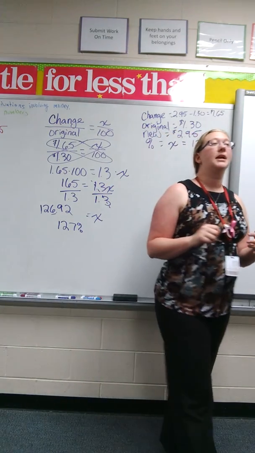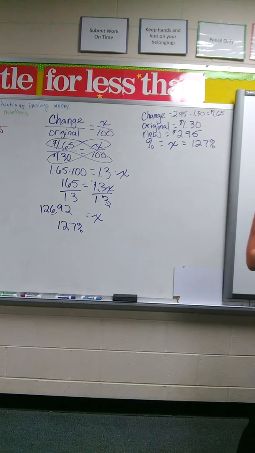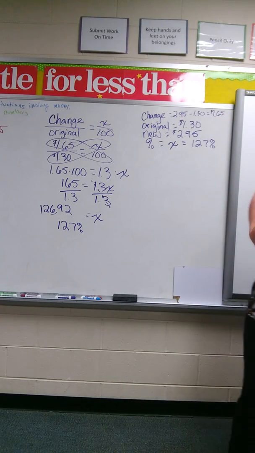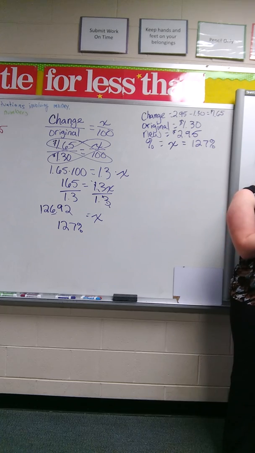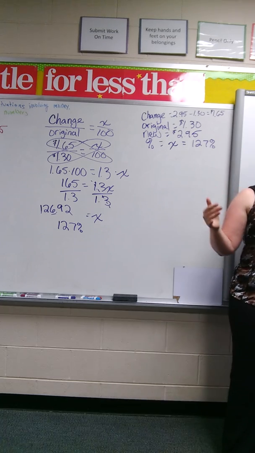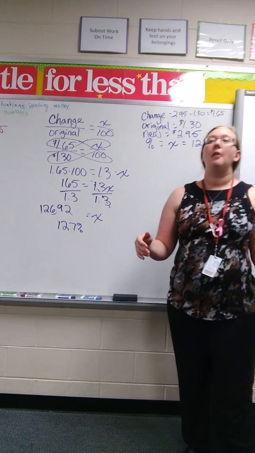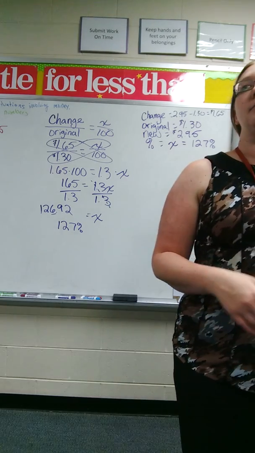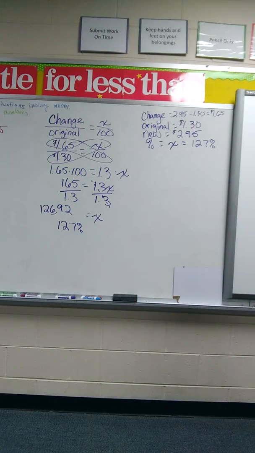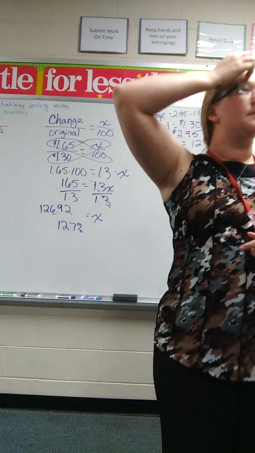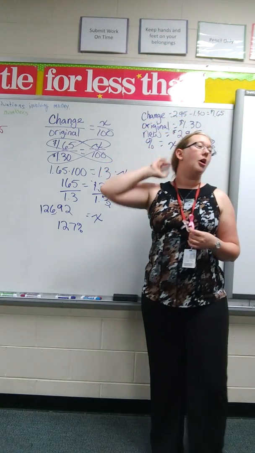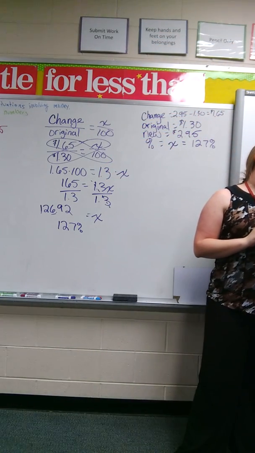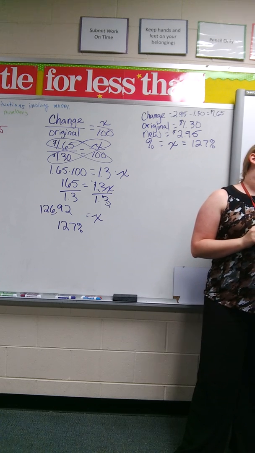This can be important because if our percent of error is little, but the actual difference between the numbers is large, that's okay. However, if our percent of error is large, but the difference between our numbers is small, then that can be a big deal.